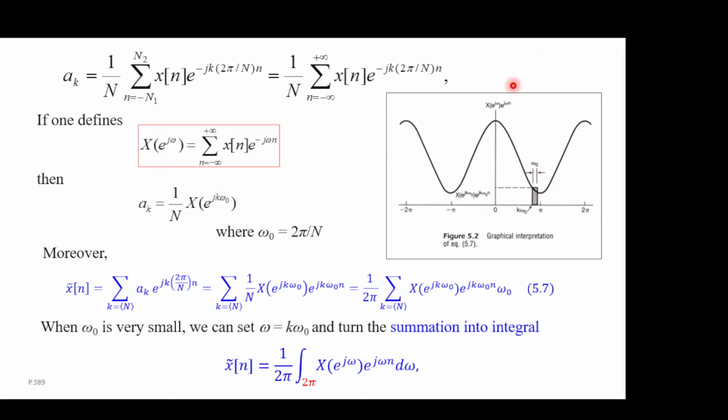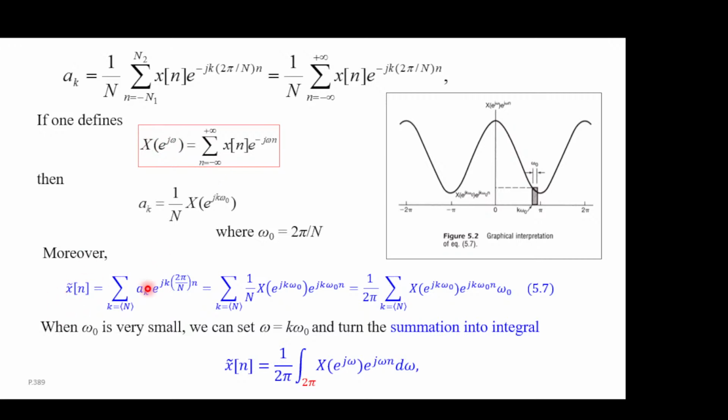Okay, and so this big X will carry the information for your a_k, and also you can calculate your function x tilde from your big X. So x tilde of n.